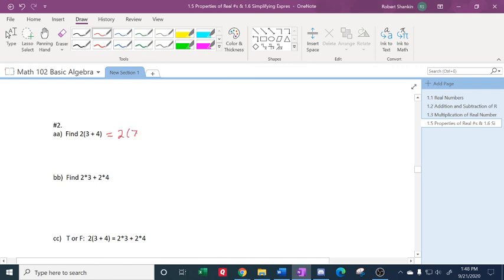It was with the distribution, so I did 2 times 3 is 6, and then 2 times 4 is 8. And then I got it like this. So there's two different ways you could do it.